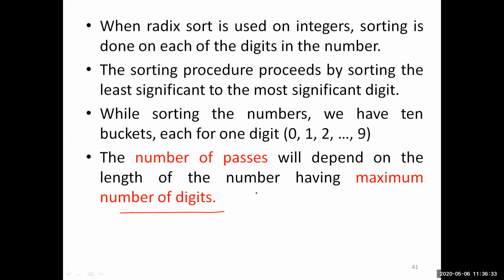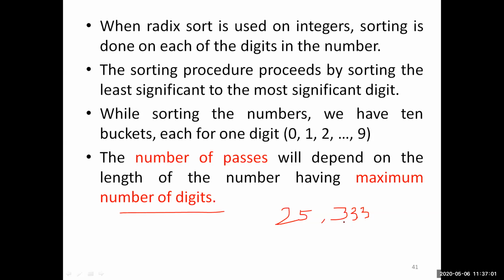For example, if you are going to sort 25 and 333, I'm taking these two elements as an example: one integer has two digits, the other has three digits. How many passes I have to perform on the given array is based upon the maximum number of digits, which is 3.